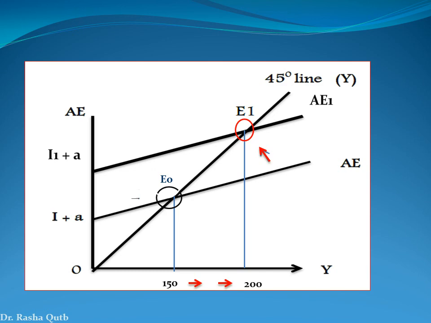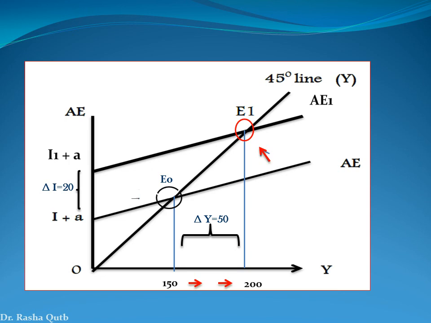The vertical distance between AE and AE1 represents the change in autonomous investment, which is a positive change equal to 20 monetary units. This increase in investment will cause the aggregate expenditure line to shift upward and will cause equilibrium national income to increase from 150 to 200. This is the change in equilibrium national income.